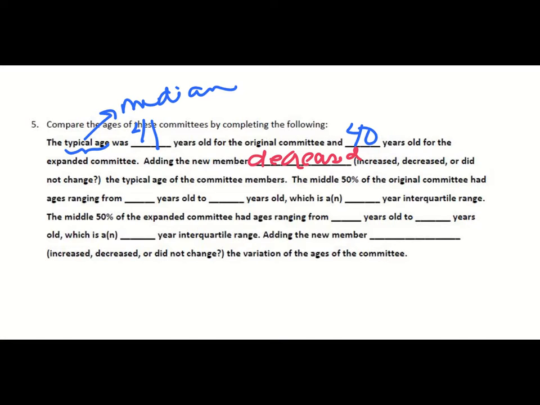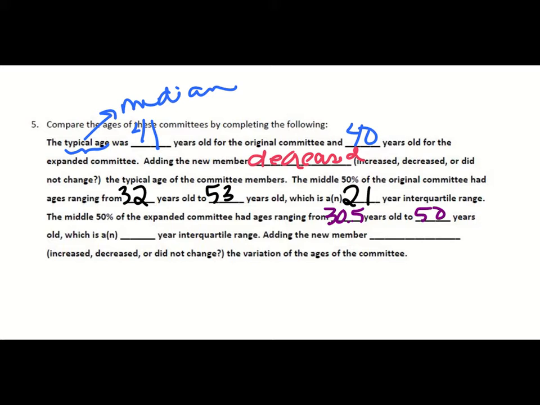The middle 50% of the original committee had ages ranging from 32 years old to 53 years old, which had an interquartile range of 21 years old. The middle 50% of the expanded committee had ages ranging from 30.5 to 50.